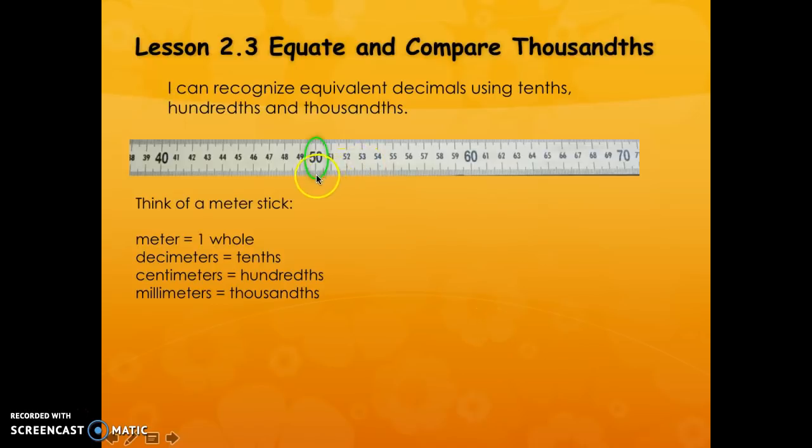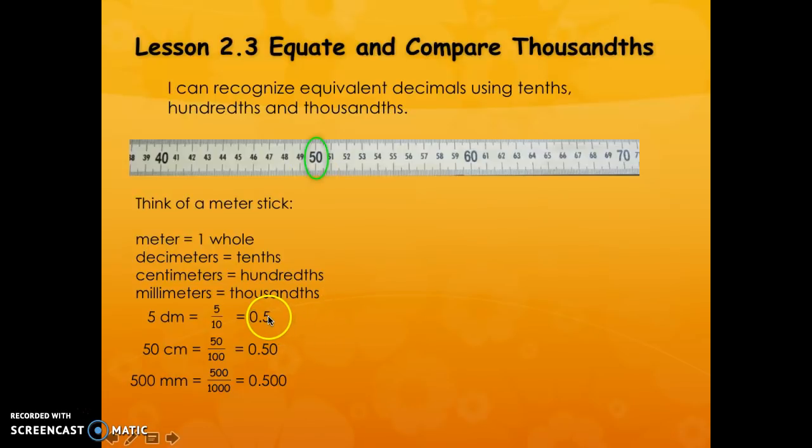So if we look at this point on a meter stick, it would be 5 tenths or 0.5. That same point on the meter stick actually represents 50 centimeters, 50 out of 100, or 0 and 50 hundredths. It also represents the spot where if you were counting out the millimeters, you would get to 500.